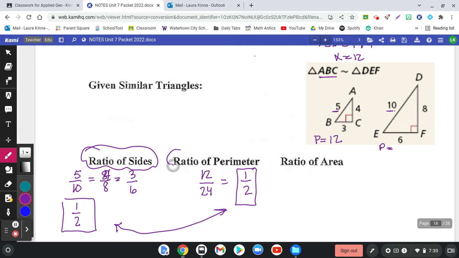However, the ratio of area is a little bit different. Now, the area for a triangle is 1/2 base times height, or base times height divided by 2. Your base and your height, remember, are perpendicular. So 4 times 3 is 12, divided by 2 is 6 for this area.